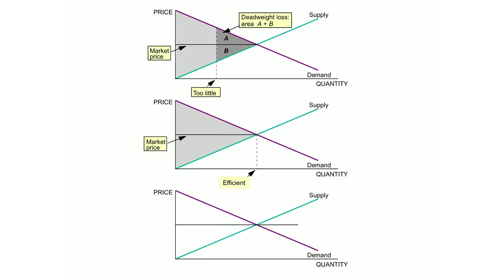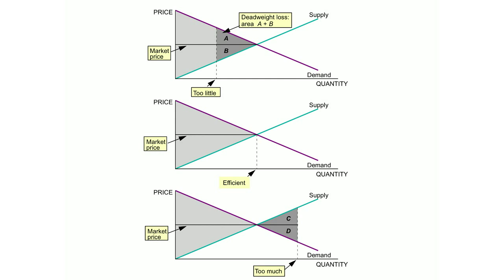Those are lost because you're producing way over where it says too little. That loss we call deadweight loss. It represents the fact that too little is being produced. It's a loss because the marginal benefit for all of the production in that gray area is greater than the marginal cost.